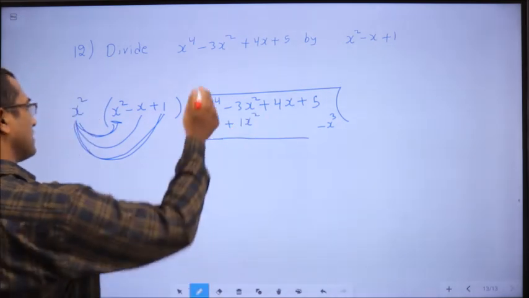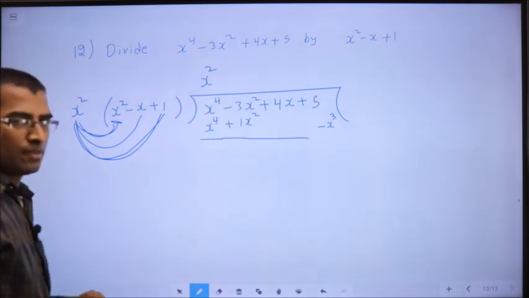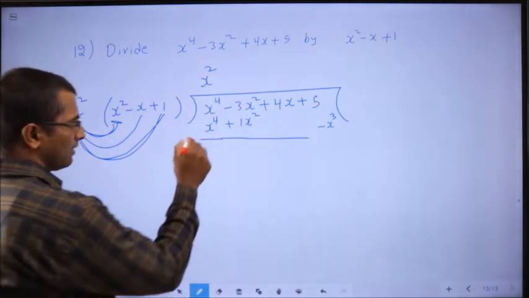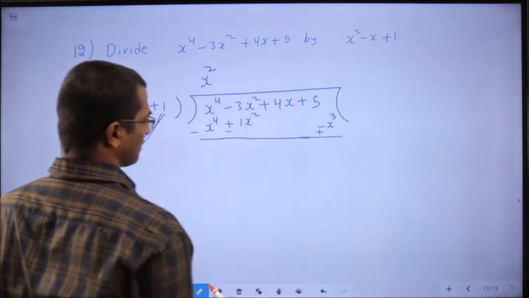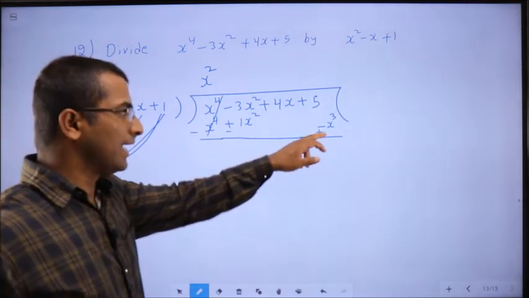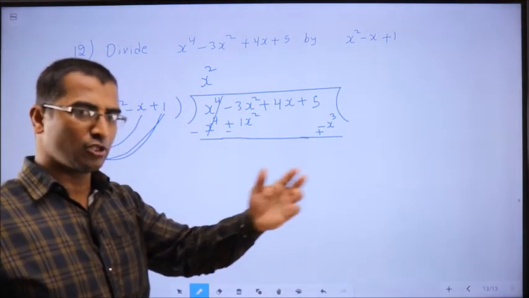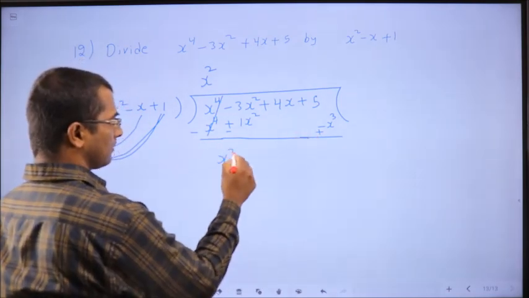Okay. So first term of the quotient is x square. Now change the sign. Minus gets changed to plus. This cancel out. Out of x square and x cube, x cube is the highest, so that should come first. So x cube I write here.